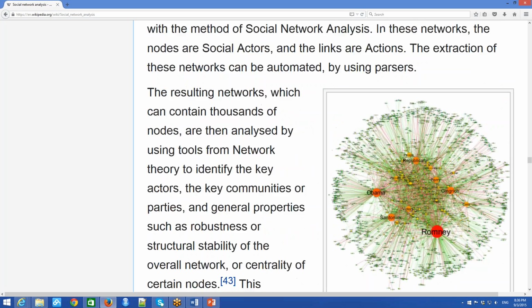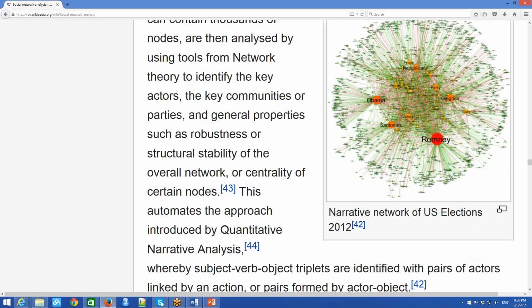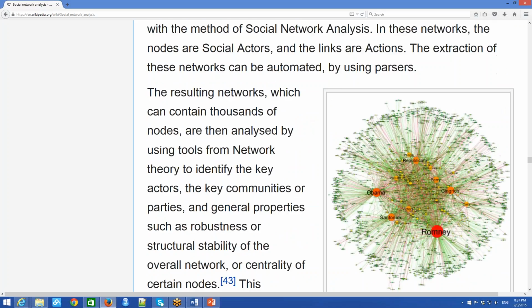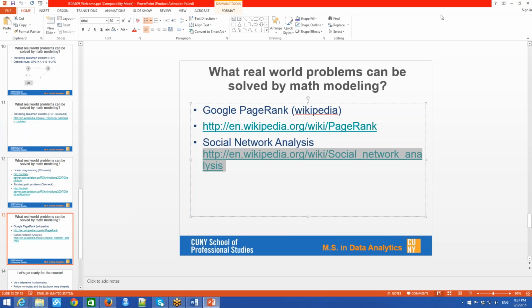And then we can find the important person. Narrative network of U.S. election 2012. That's the idea here, how to apply a math model to a social network analysis problem.